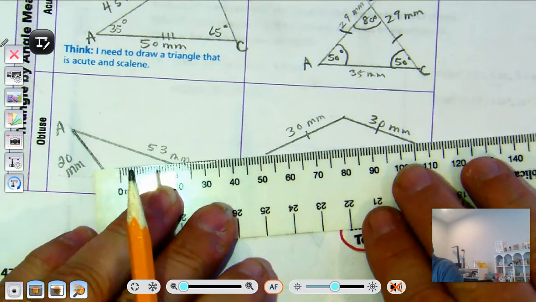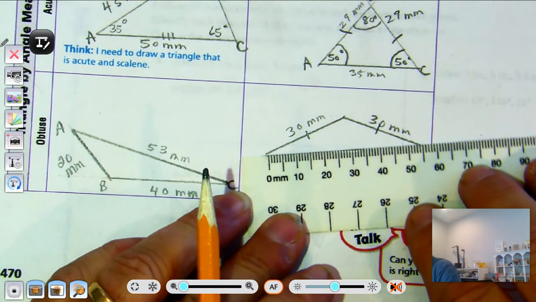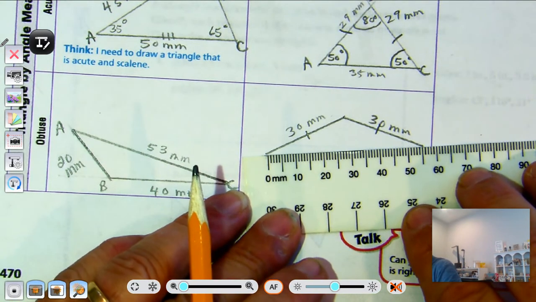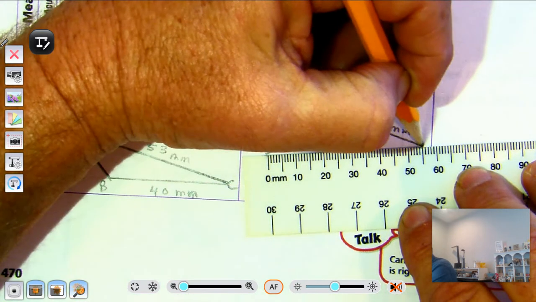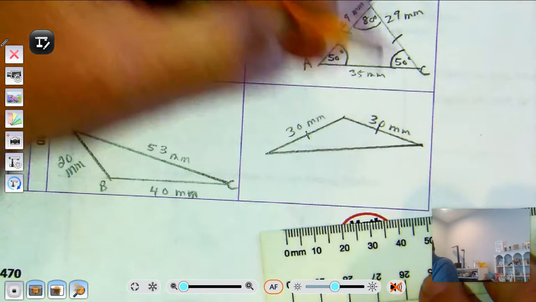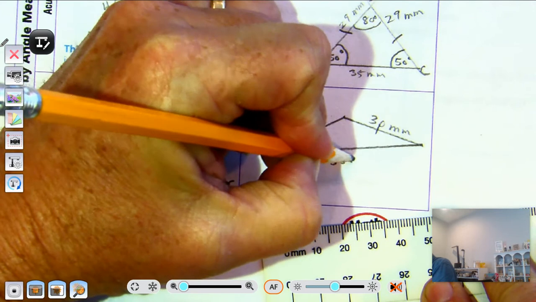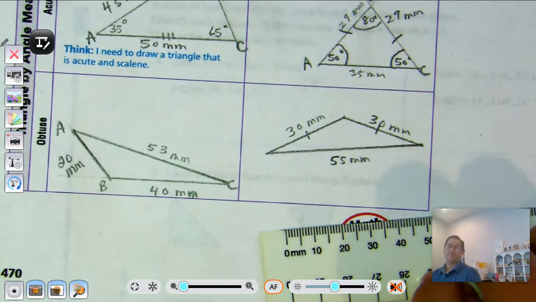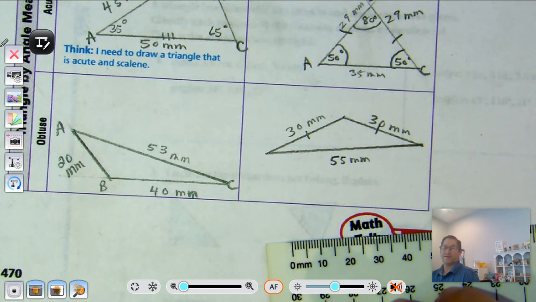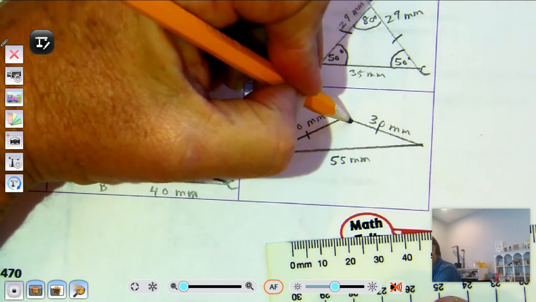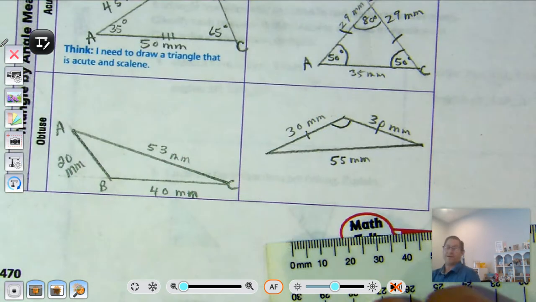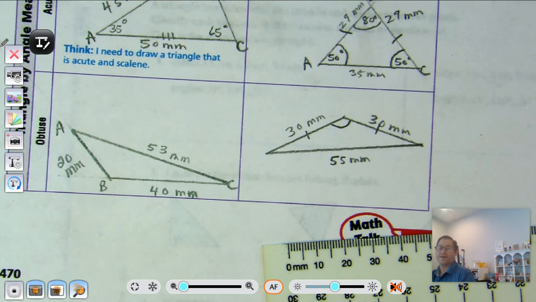And if I connect the sides, it looks like the third side is going to be 55 millimeters. So that is isosceles. And this angle here would be my obtuse angle. Okay. All right. So let's move on.